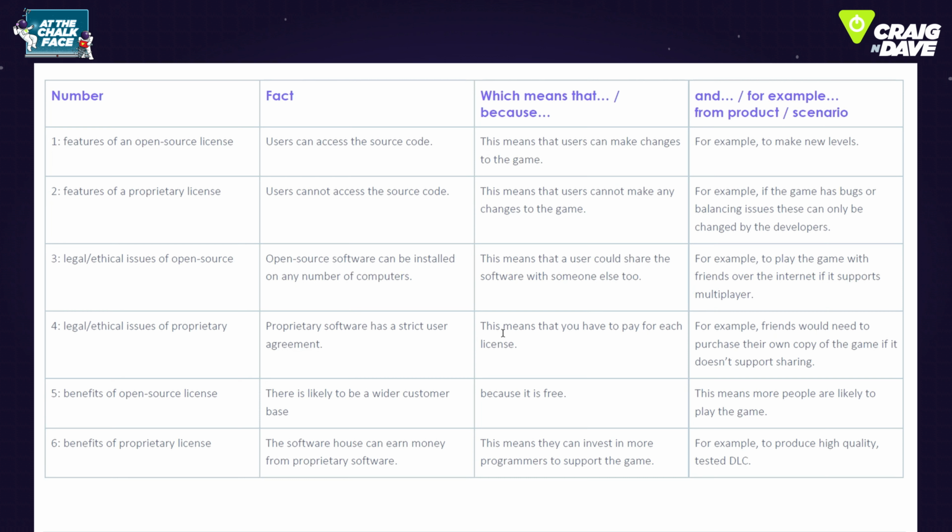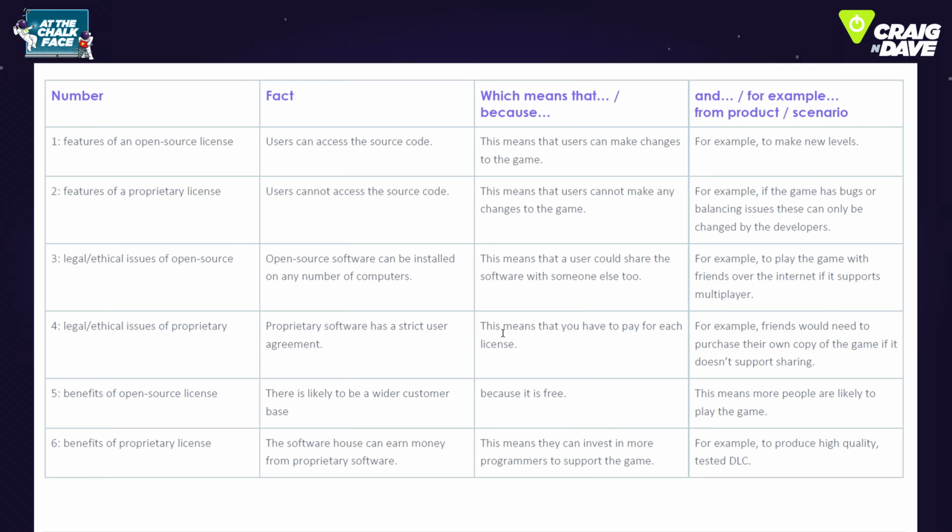And then I follow it on with, for example, and I pick something related to the product. So a computer game, changing the source code. Why might I want to do that? Maybe I want to have more levels. That would be a reason.